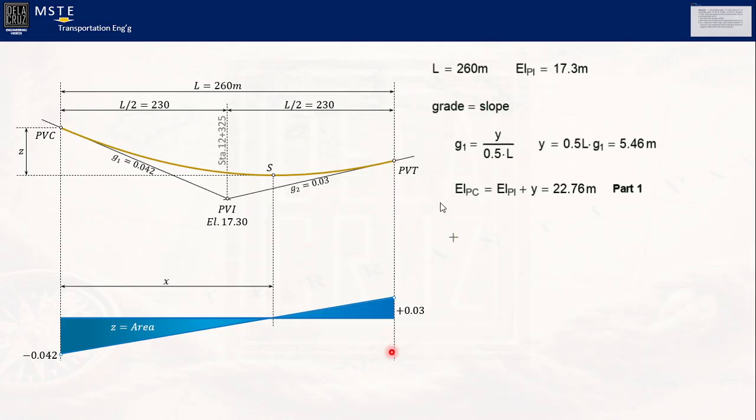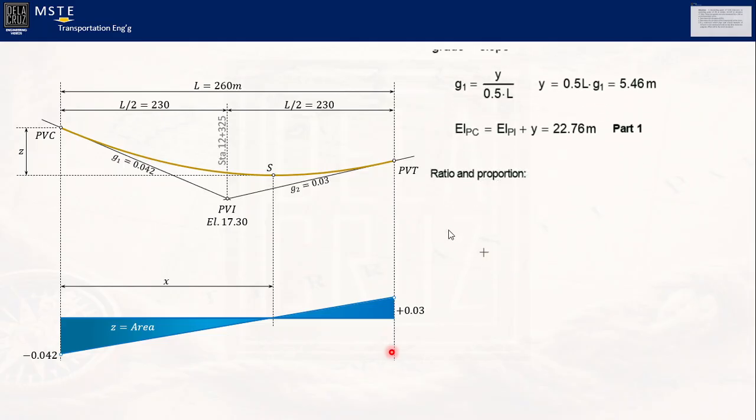We can say that x, ratio and proportion. All right. So by ratio and proportion, as you can see, that would be x is to G1 is equivalent to gawin nating total length.